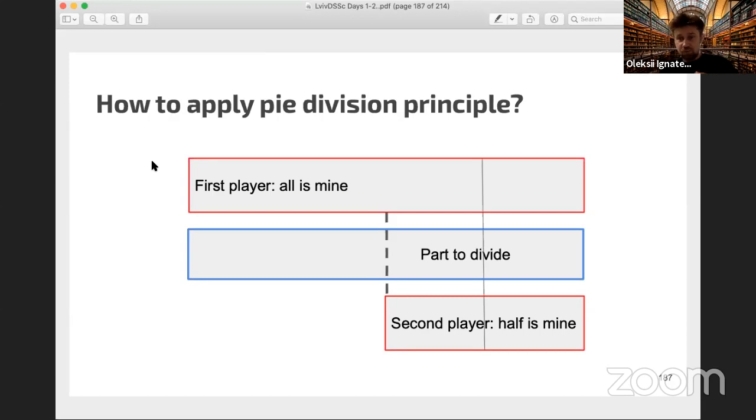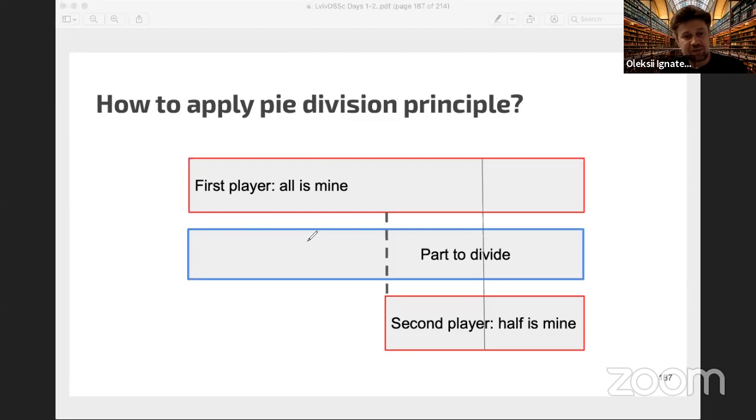So what is the Talmud proposing? Consider this cloth as one unit, and we have the first player who pretends to all of this, and the second player who pretends only to half of this. So the contested part is only half, because the other half is already conceded by the second player to the first player.